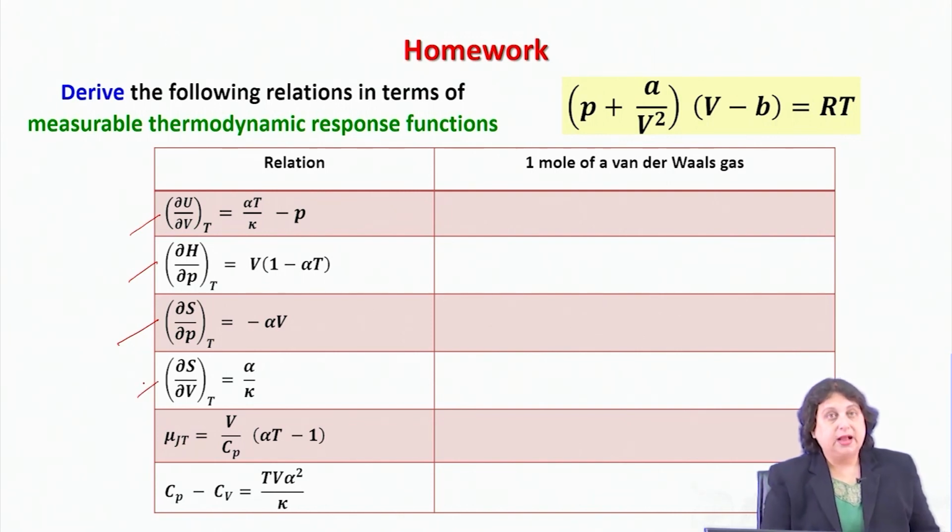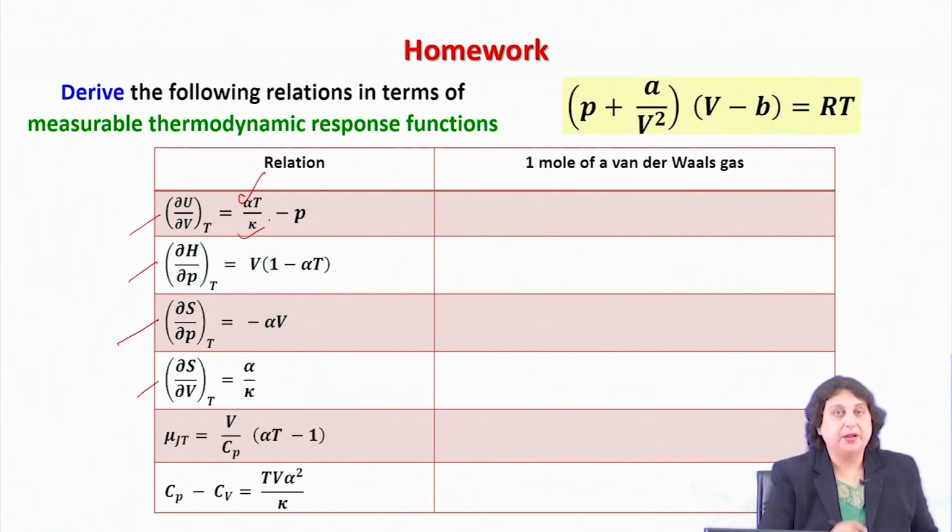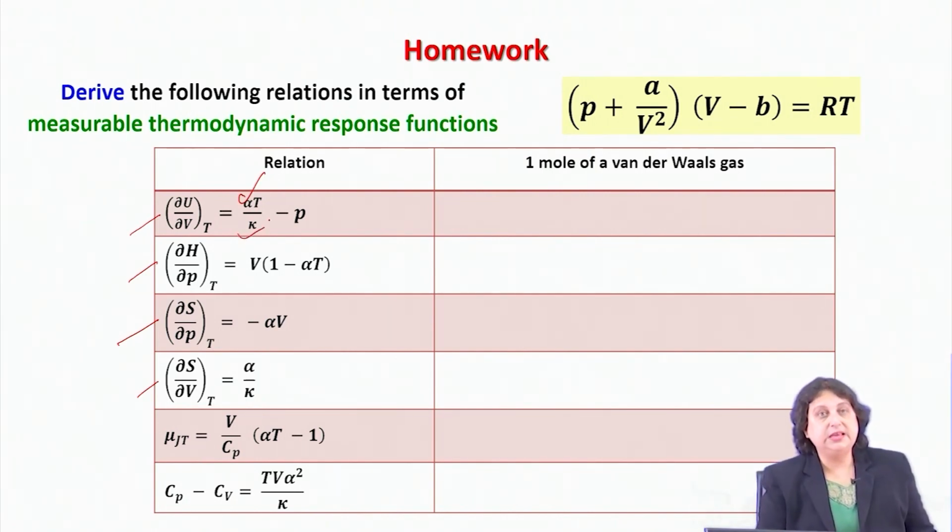And as you see over here, all you need to know is alpha and kappa, which you can very easily find out from the equation of state for 1 mole of the gas.